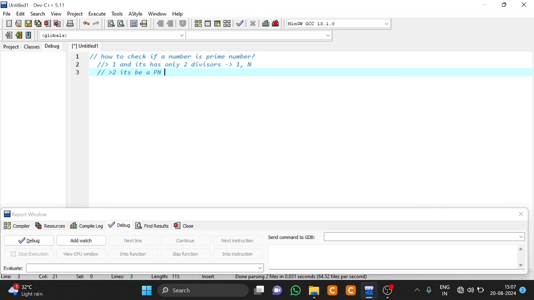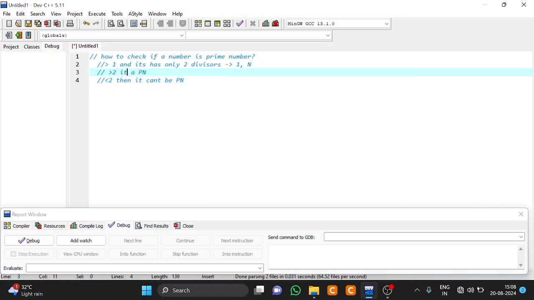If it has divisors less than two, then also it can't be a prime number.